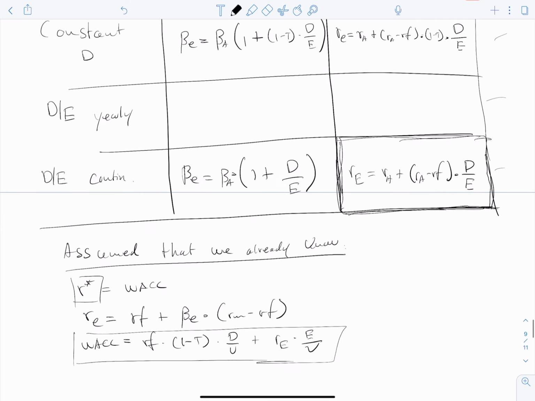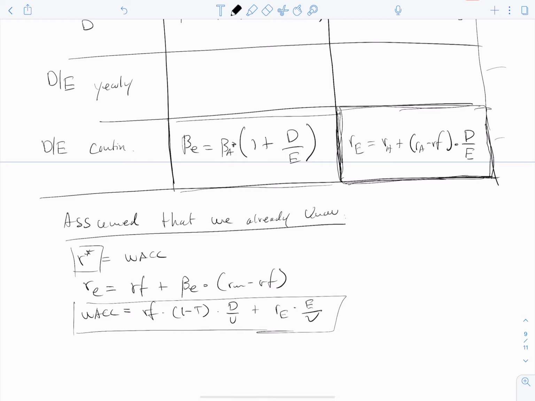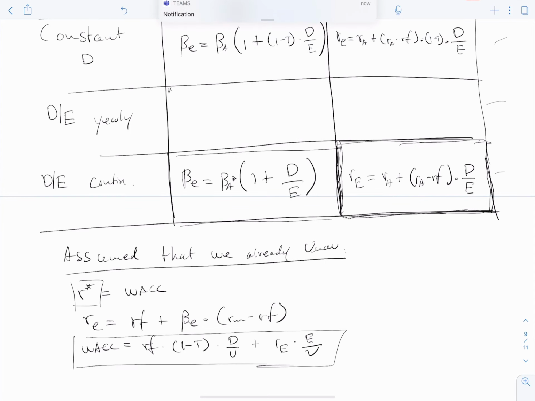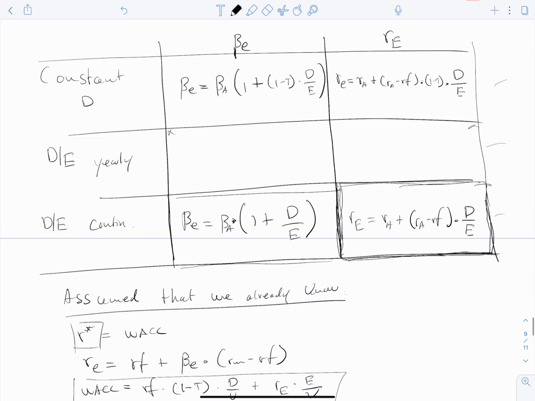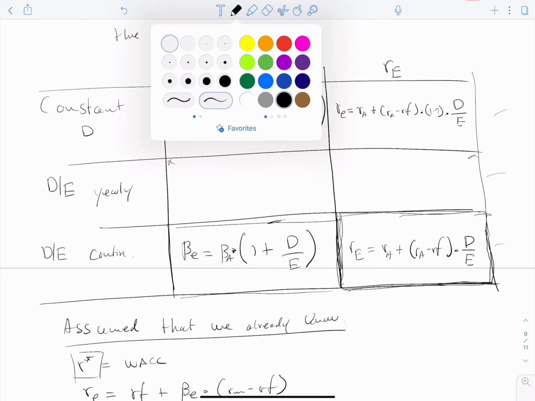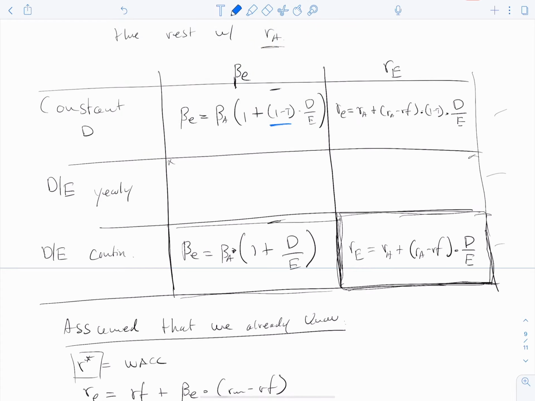Okay. The beta equity is hopefully somewhat easy to remember because you just have beta assets and it's basically just 1 plus D over E. I'm not saying it's easy, but somewhat. It's at least easier to remember than what comes in here. Look at what the difference is between this row and that row. All the difference is just this thing here. The tax term, nothing else.